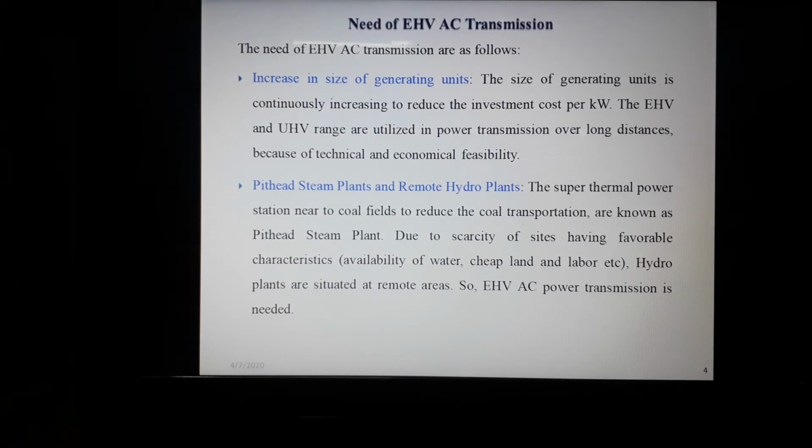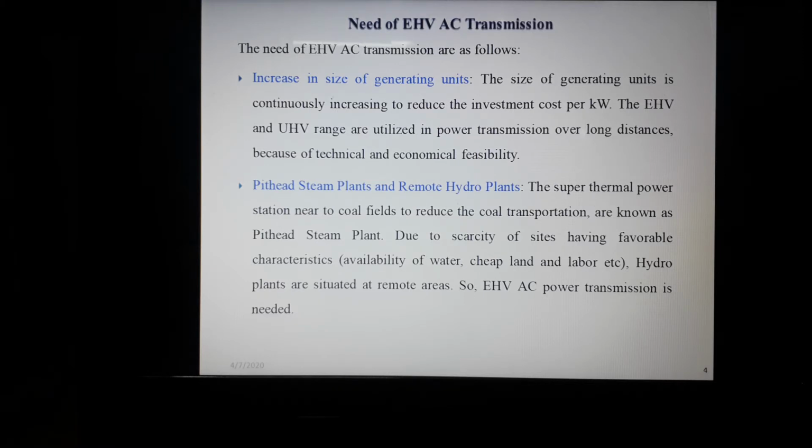The second point is the pit head steam plants and remote hydro plants. One of the major costs in thermal power plants is the transportation of coal, and pit head steam plants are super thermal power stations situated near the coal fields, as the transportation cost is reduced.